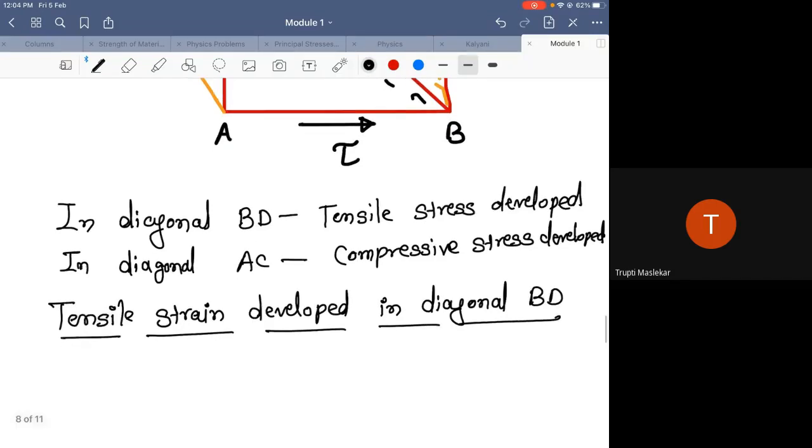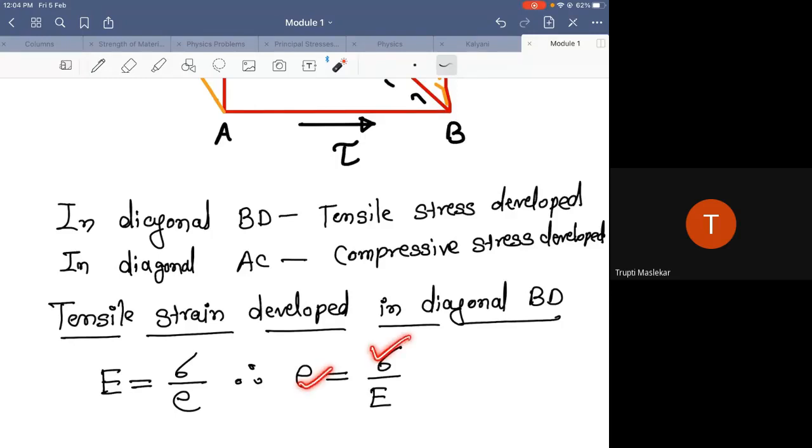We know this relation. What is the relation? Young's modulus is equal to stress divided by strain. And therefore, how can I calculate strain? Strain small e is equal to sigma divided by E. Strain is equal to stress divided by Young's modulus. This is the relation now.